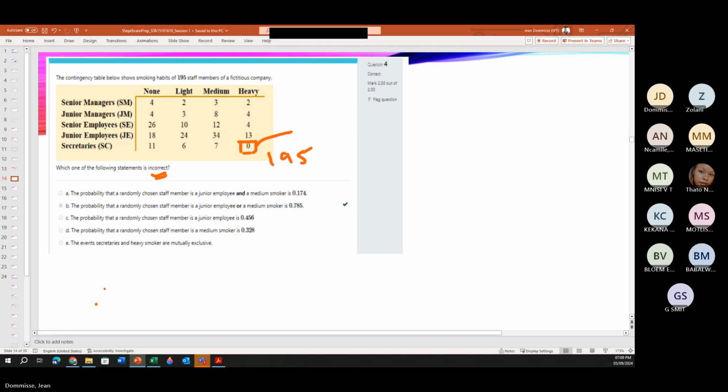So let's look: if the events secretaries and heavy smokers are mutually exclusive, okay, it's correct. But I'm looking for the incorrect one. Because that was 0, the probability of secretaries and heavy is also going to be 0, because 0 divided by anything is going to give you 0.